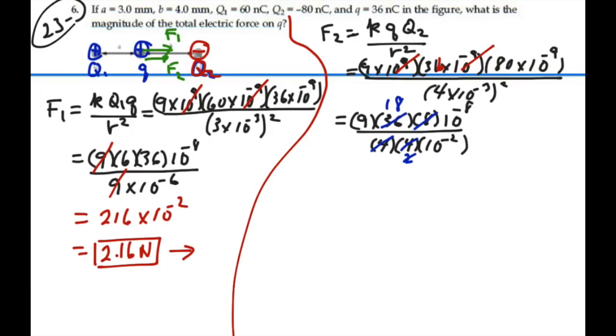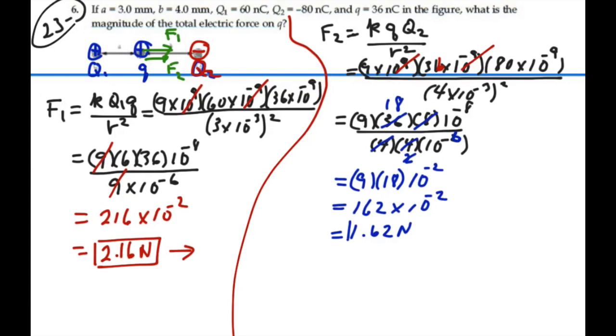So 9 times 18. This is actually 10 to the minus 6 here. So we have 9 times 18, just do this on the calculator, times 10 to the minus 2. So that would be 162 times 10 to the minus 2, or 1.62 newtons. And it's also to the right.